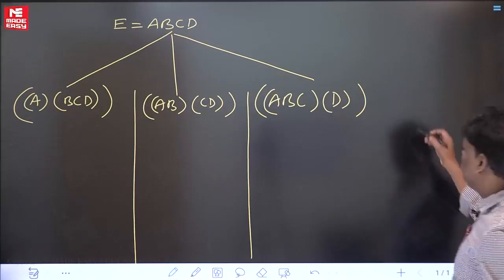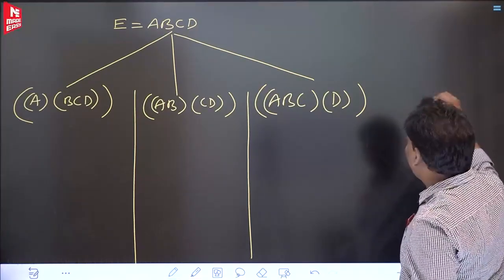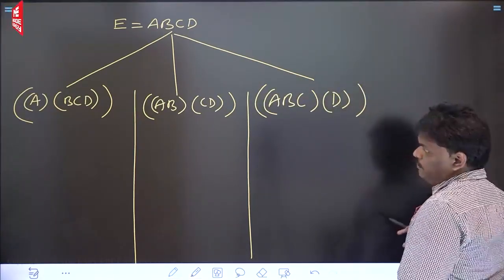Like that, if I want to go further, the first 4 will come, but only 4 are there.